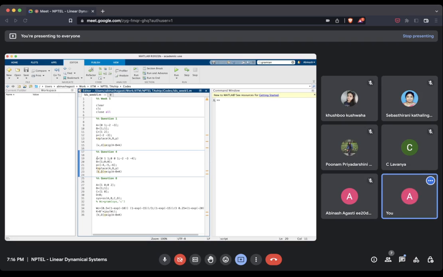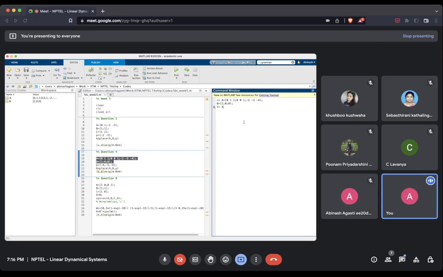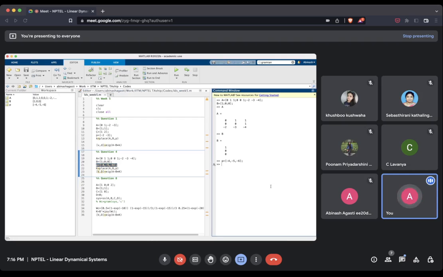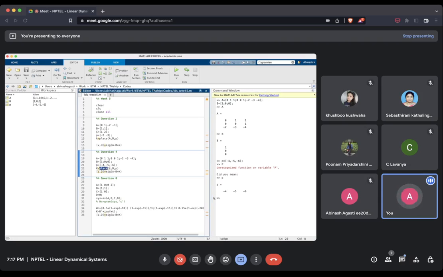Now we have given these A and B matrices. So A is this, B is this, as in the question. Then what is this P? P is the set of eigenvalues that I want my new system to be at. Then I just use the command known as place and give three arguments.